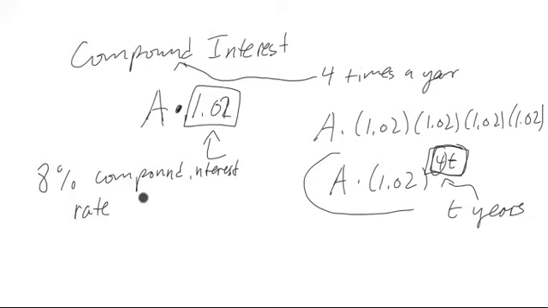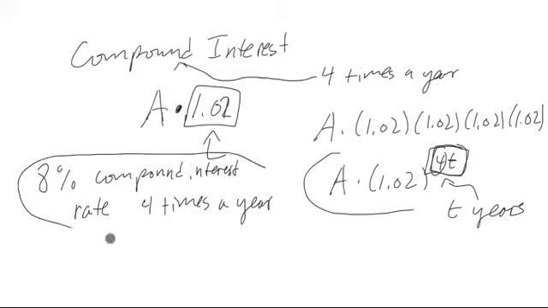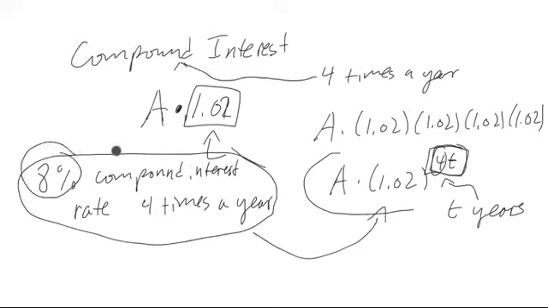And then we say 4 times a year. Believe it or not, this statement right here is exactly what we just wrote down right here. That's why it's funny. 8% has nothing to do with what's happening in reality here at each compounding. Except it kind of does, and we'll discuss the relationship.